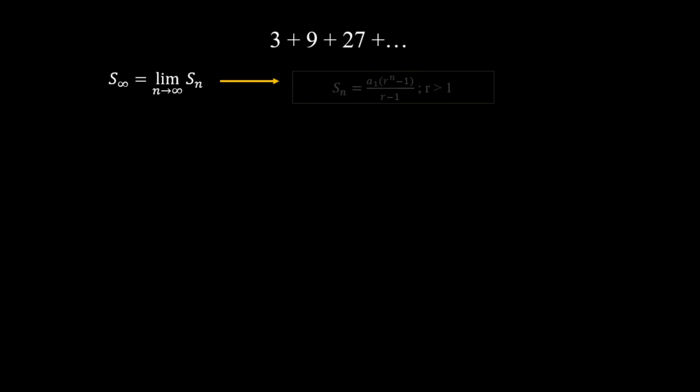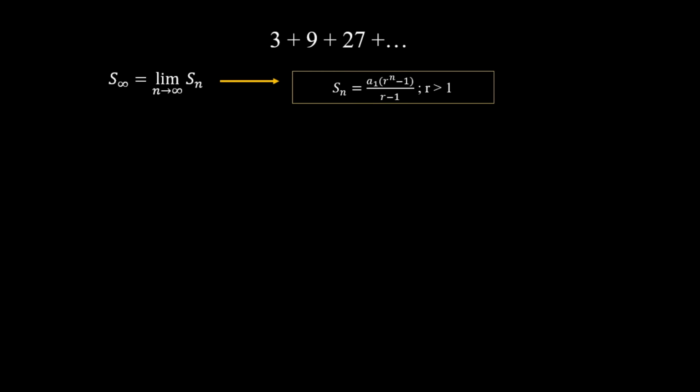What if r is greater than 1? For example, this series: 3 plus 9 plus 27. You see that r equals 9 over 3, which is equal to 3. So we have to use this formula instead because r is greater than 1. Substitute all the things in and calculate.